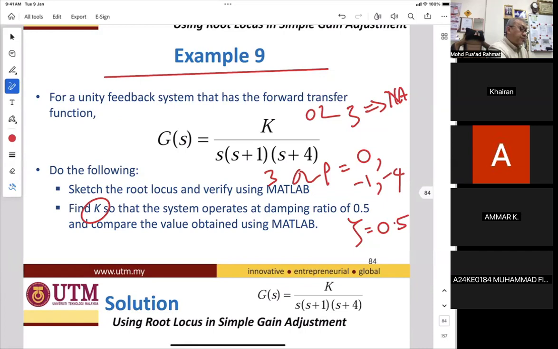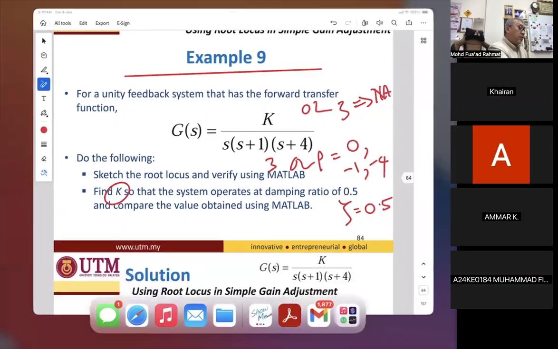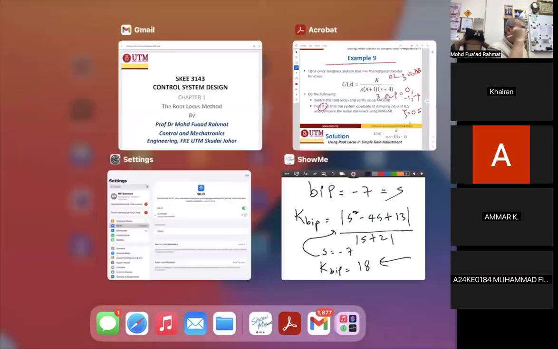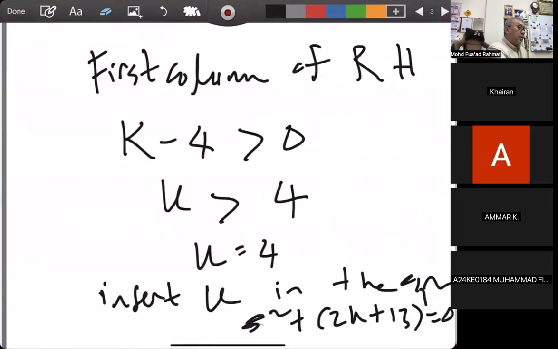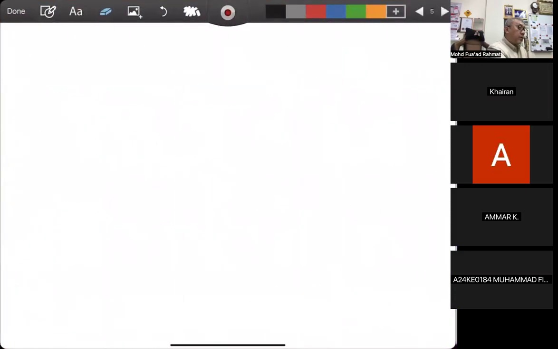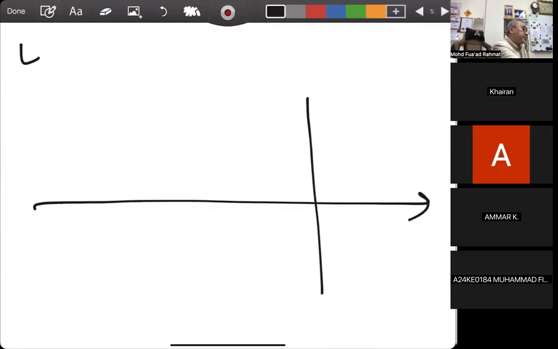Okay, so when we say that zeta is 0.5, you must understand the concept of the theta. So first we plot. This is example 9. This is the real axis. This is the j omega axis.